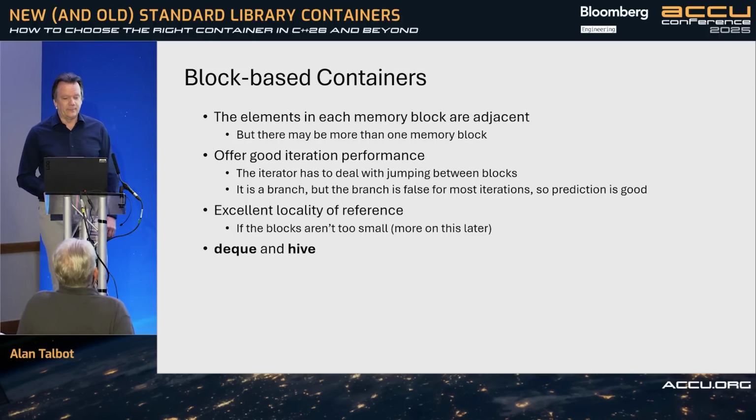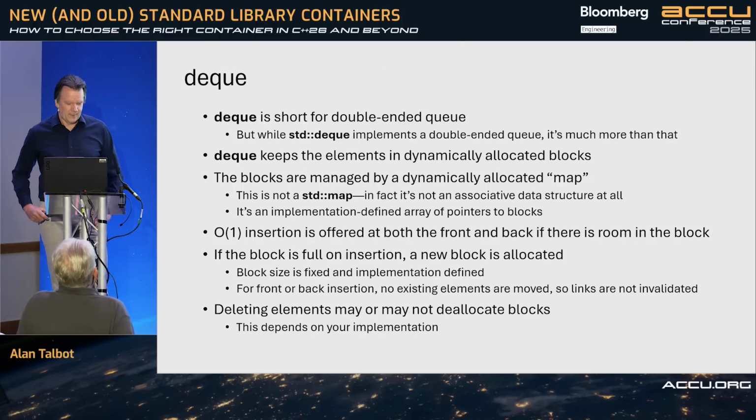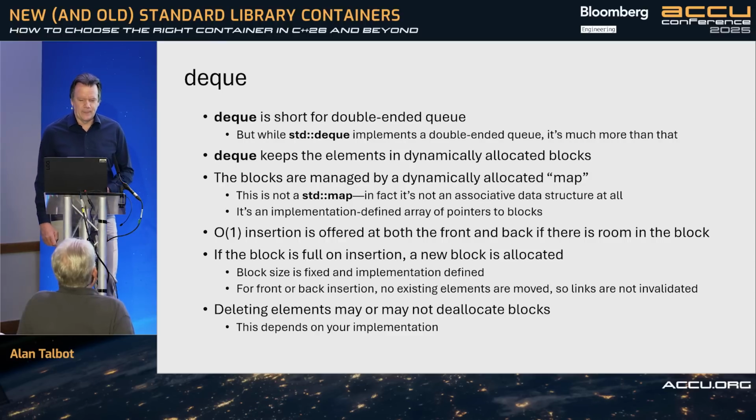So let's talk about them, starting with deque. Deque is short for double-ended queue. In fact, some people call it a DQ, or DEQ, something like that. And the deque keeps elements in dynamically allocated blocks. But deque's much more interesting than just the fact that it's a double-ended queue, and we'll see why in a minute. The blocks are managed by something that is known internally to the deque as a map.